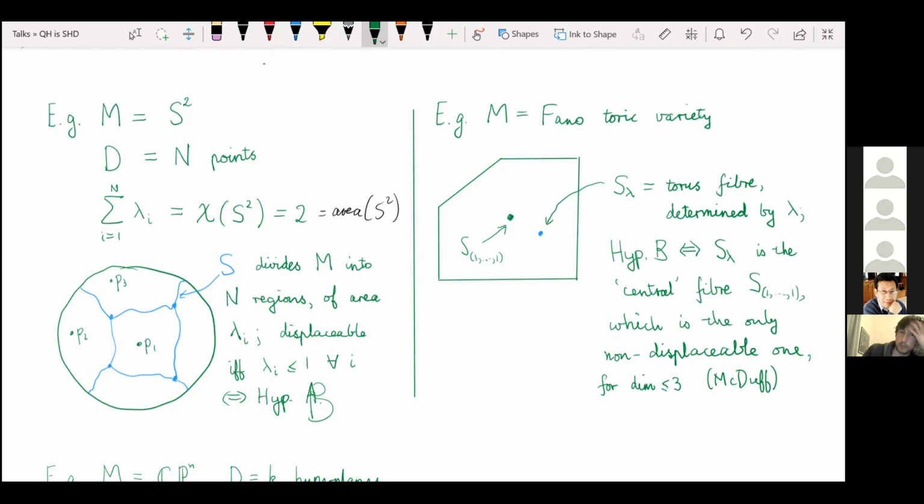As another example, you can take M to be a Fano toric variety. Then the weights lambda determine where the skeleton lies.